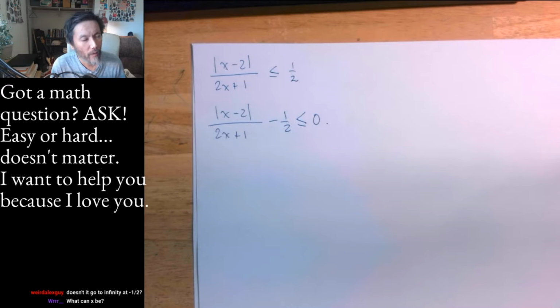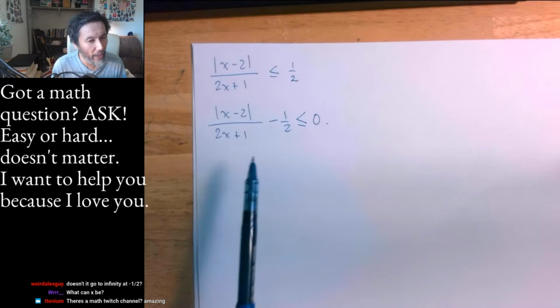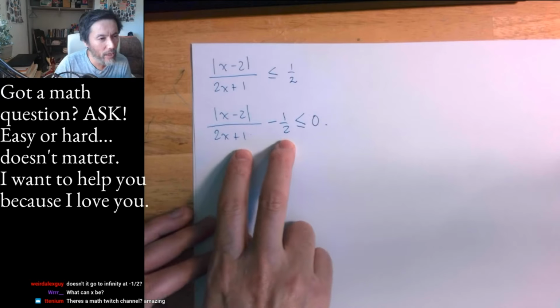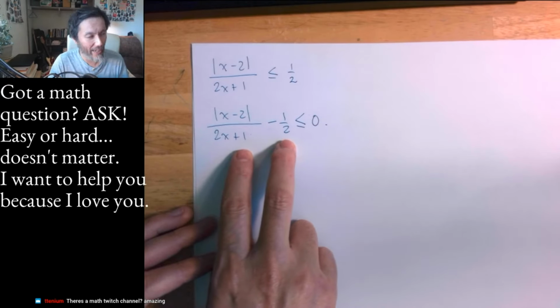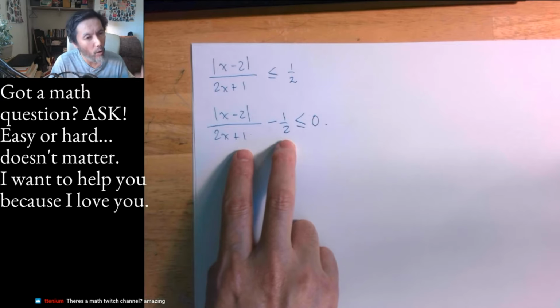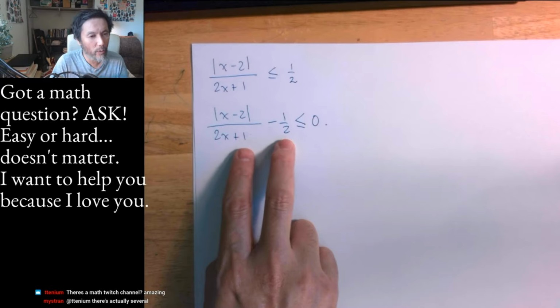Okay? Now, what we want to do is to think about what are the possible values of x which could possibly make this expression here change sign. And what do I mean? I mean go from positive to negative or from negative to positive. That's the question that we want to concern ourselves with.